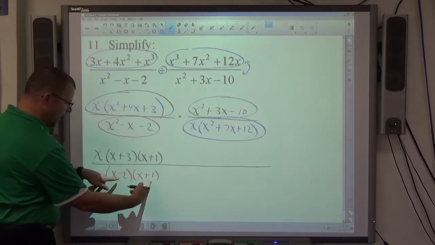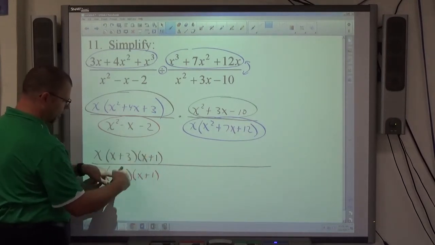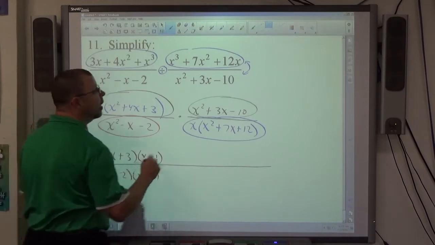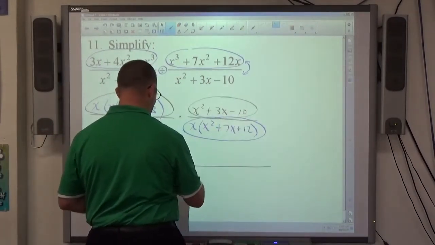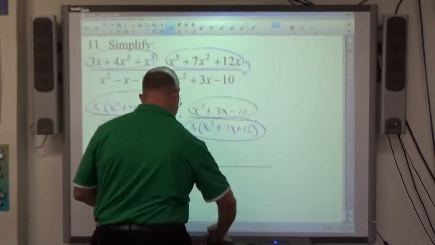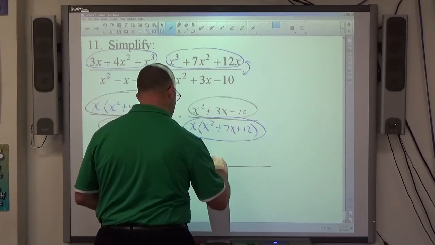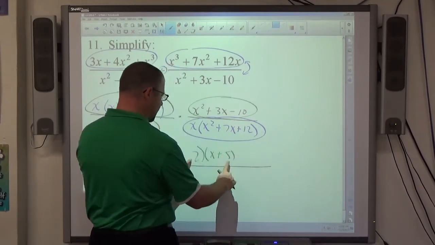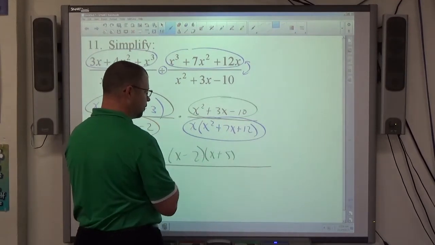Be careful that the signs are such that they multiply to make the negative number, they add also to make a negative number, the bigger number is negative here. The green one, negative 2 and positive 5, so x minus 2, x plus 5. Again, if I verify, negative 2 times 5 makes negative 10. 5 plus negative 2 makes positive 3.